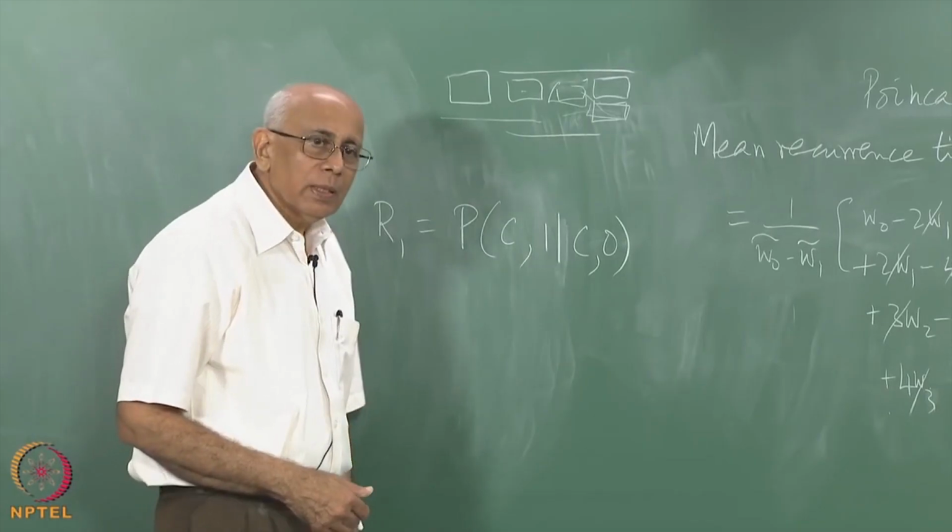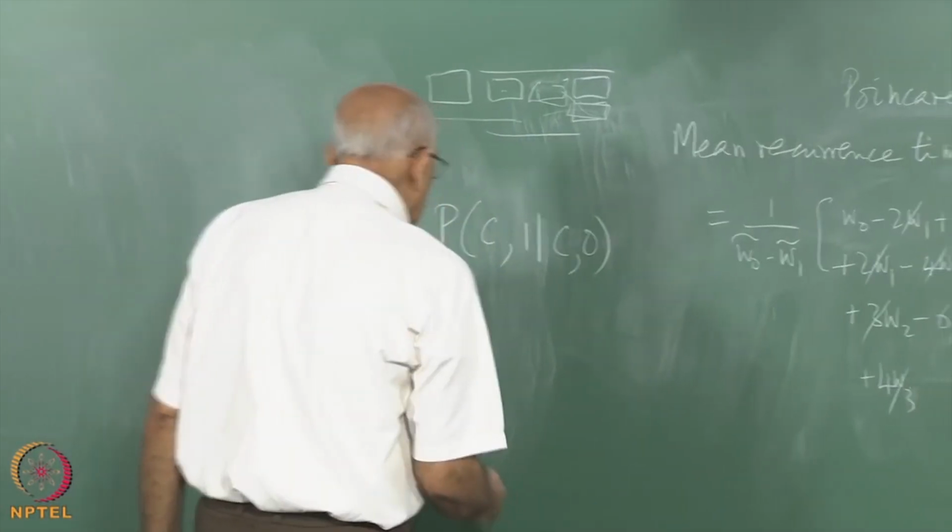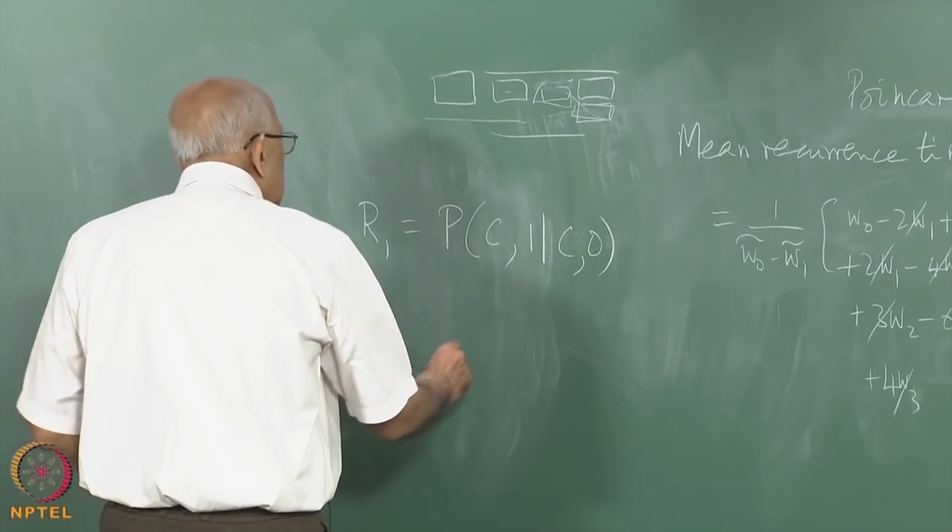So the way to do this is to say, alright, I have a tau up there, but in the denominator I must exclude this.